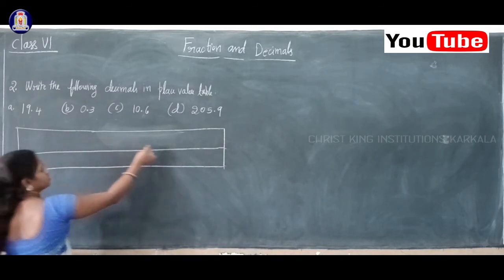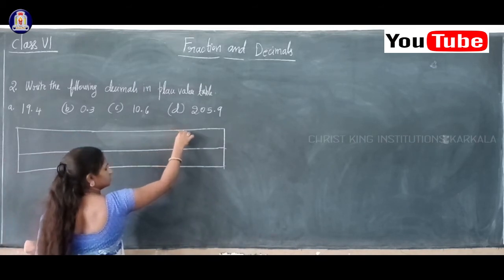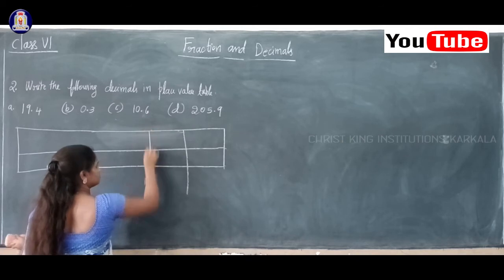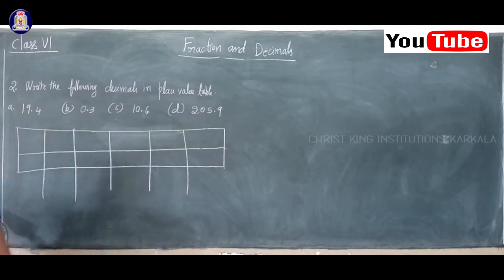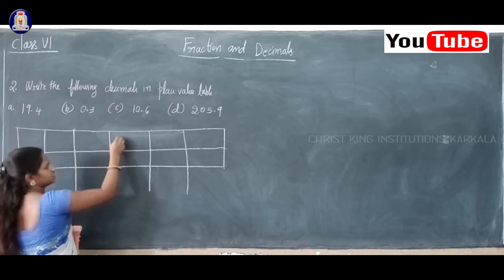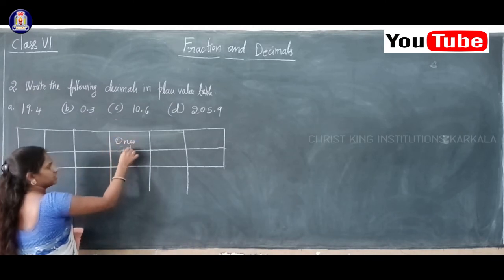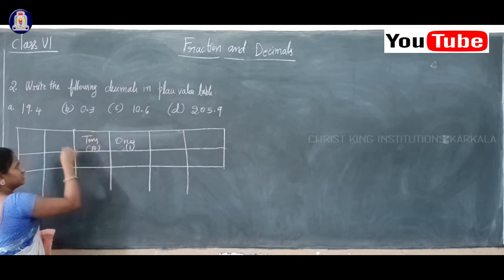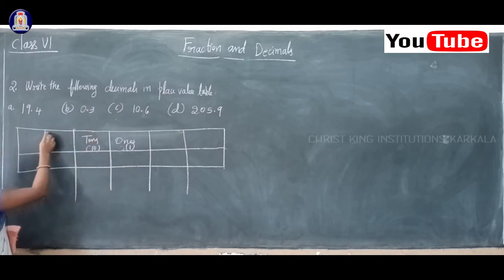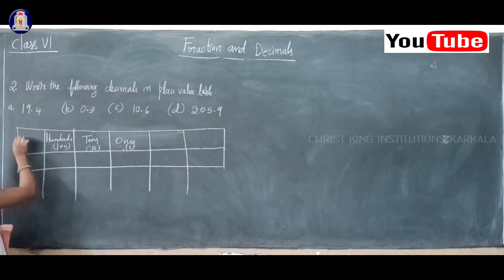So here first you can write 2, 3, 4, 5. Here I write ones place, ones means 1, and next here I can write tens, that means 10, and here hundreds, and here thousands.